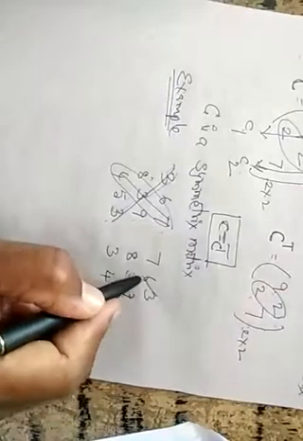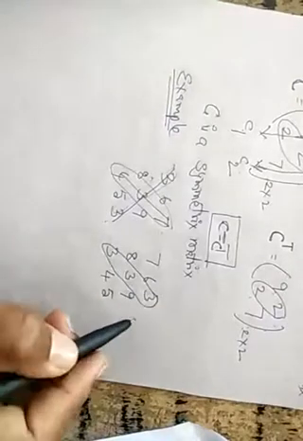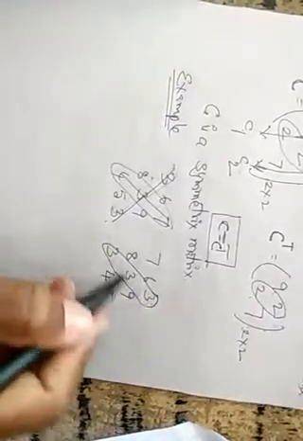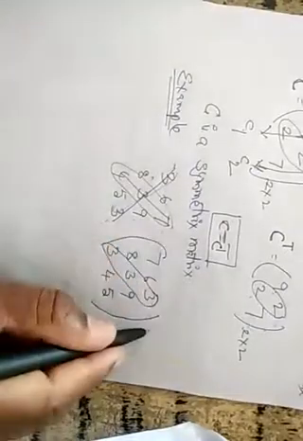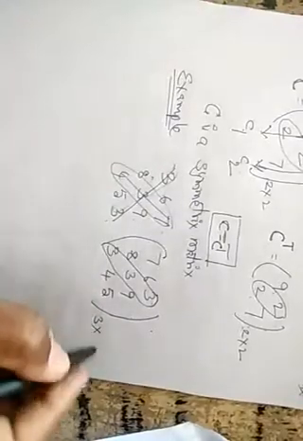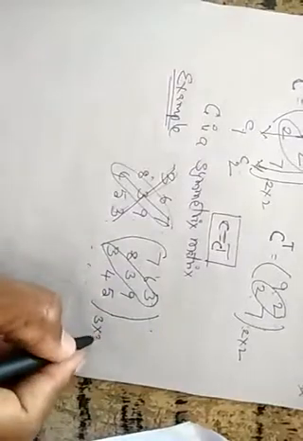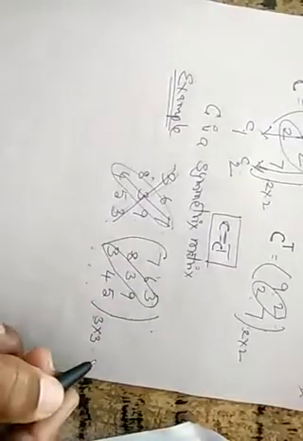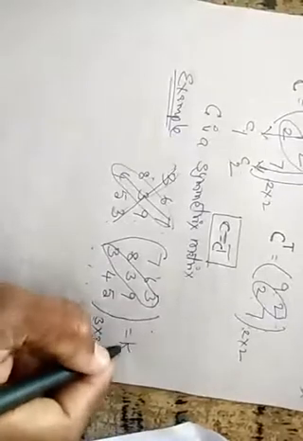Our condition is this corner element should be the same. This diagonal, this another diagonal. What is its order? How many rows are there? Row 1, row 2, row 3, 3 rows. And columns: column 1, column 2, column 3. Its order is 3 by 3. Let us name this matrix K.